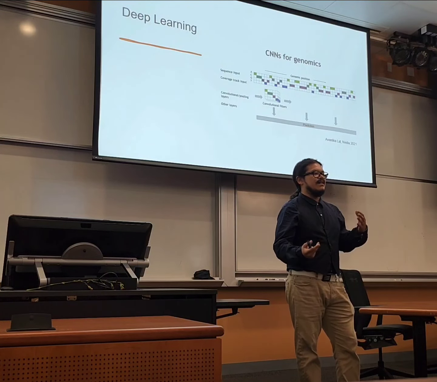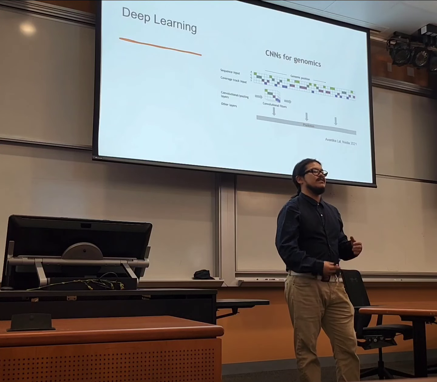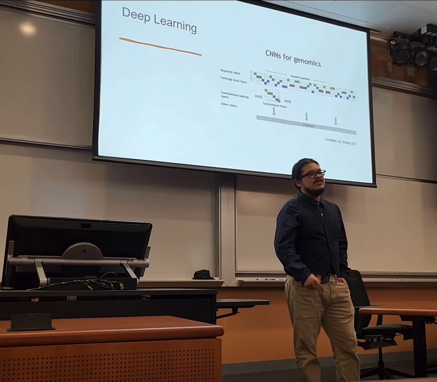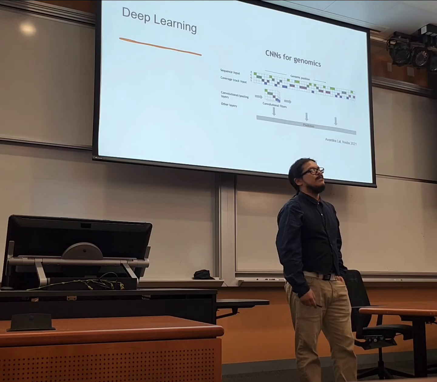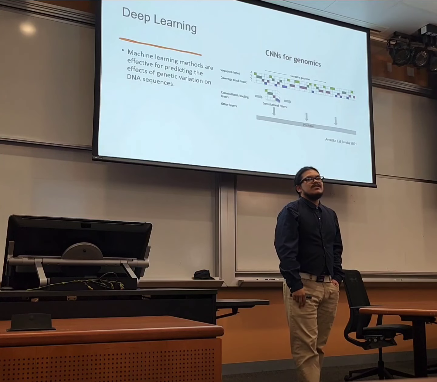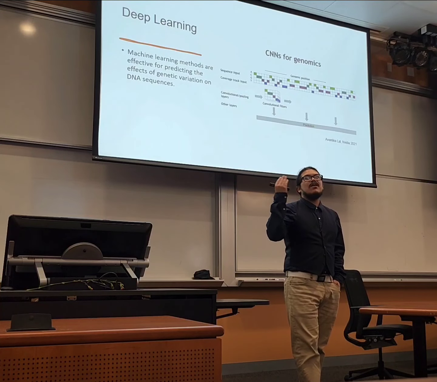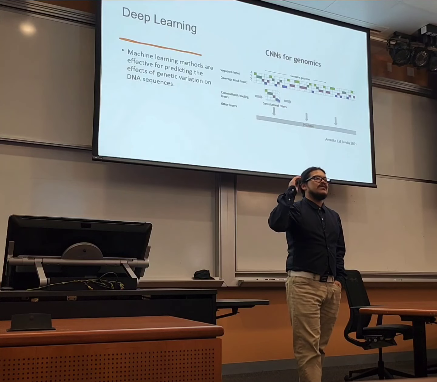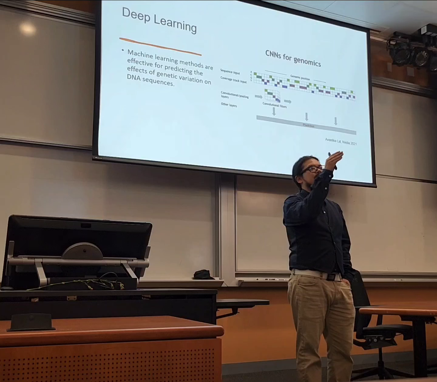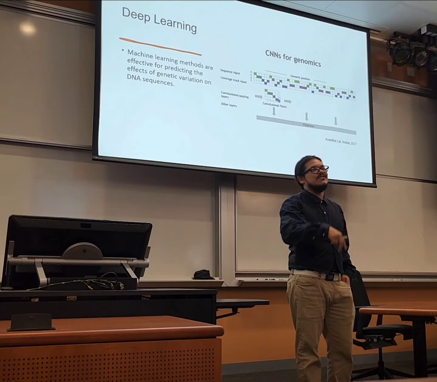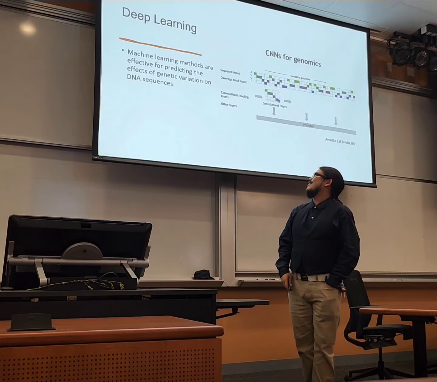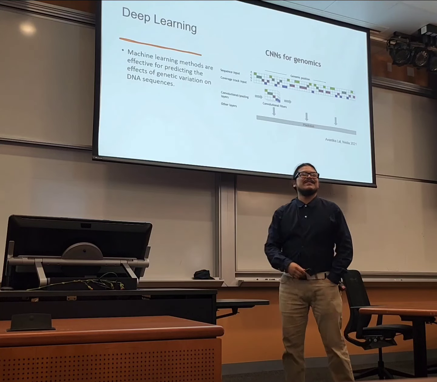We let the AI create its own relationships, and this gives us a broader perspective of maybe things we haven't seen or recognized before. This is just a basic example by NVIDIA, a super famous company, that created this convolutional neural network for genomics, where it feeds in phased haplotype data sequences, and then it goes through this convolutional layer, which you can read about if you're interested. What we end up with is our output, our prediction.